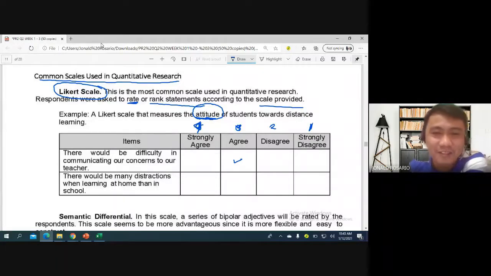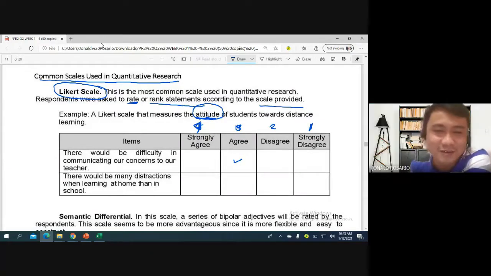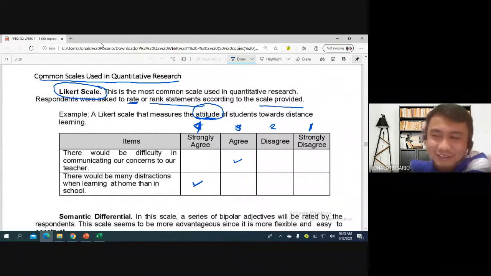Yan, medyo may kahirapan, no? May kahirapan talaga. Okay, how about si Joshua? There would be many distractions when learning at home than in school. Strongly agree. Ang daming distractions, no? Yan. Kailangan maghanap kayo ng space sa bahay ninyo na less ang distractions.